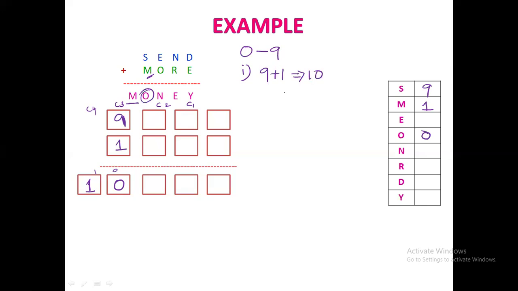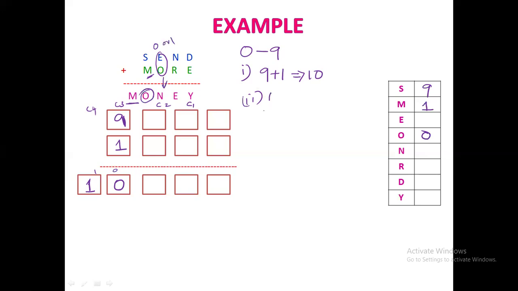Next step, in the second step, we'll move on to the next column. We have to consider this, and if you are adding these two, we are getting the value N. So if you are adding E plus, first the carry may be either 0 or 1 for this case.